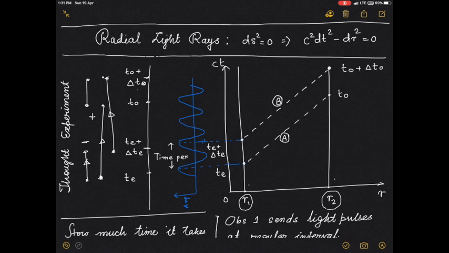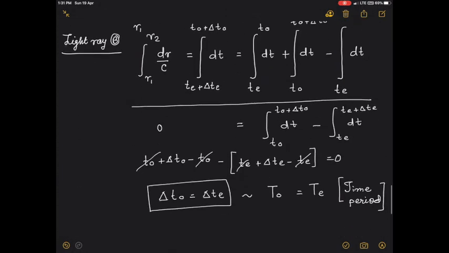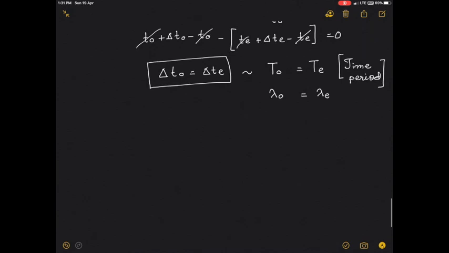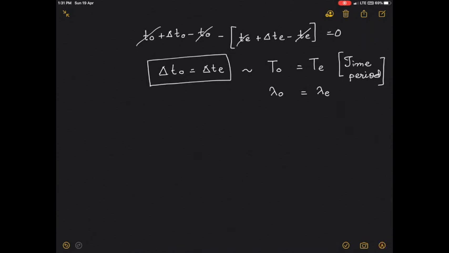This is the electromagnetic wave of the spectral line emitted by the galaxy, and it's received at R2 on the Earth. In this particular scenario, we will not see any redshift or blue shift. We will just see that their time periods are the same, and hence obviously the wavelengths will also be the same.